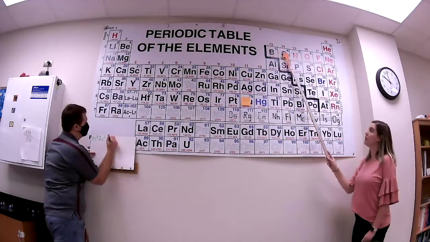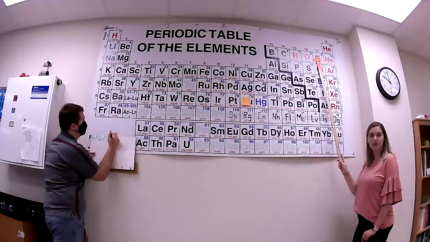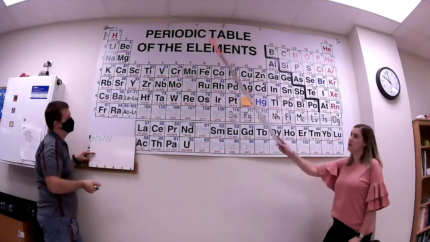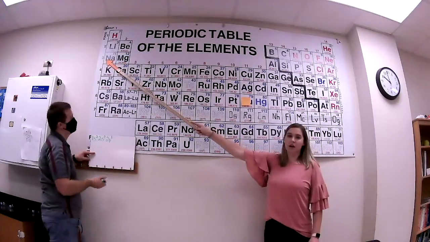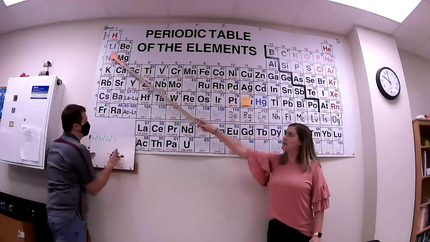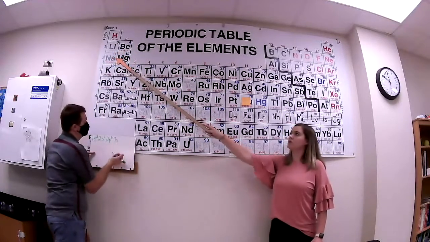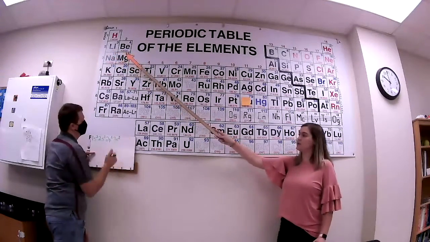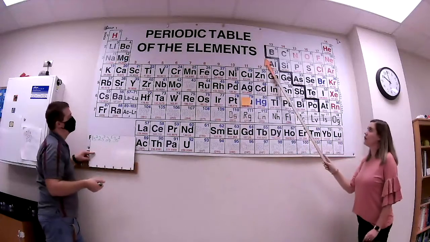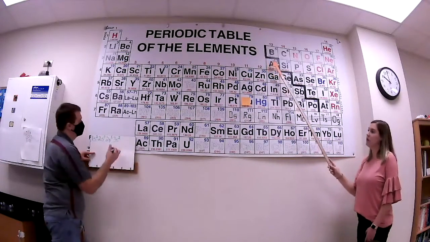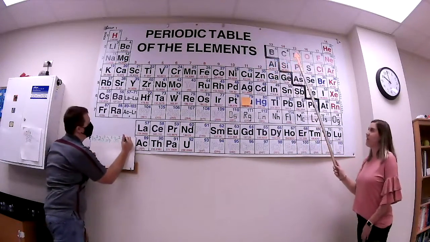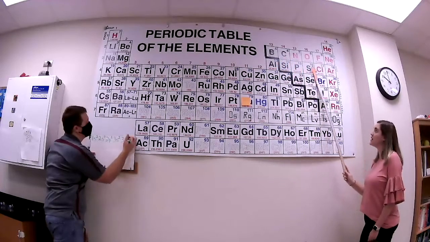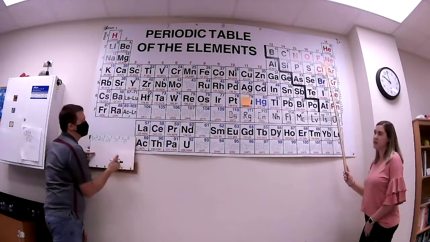P sublevel, we're going to cross 6 boxes there, so 2p6. 3rd energy level, S sublevel, cross 2 boxes, so 3s2. Keep moving, 3rd energy level, P sublevel, and we cross 6 boxes, so it'd be 3p6.